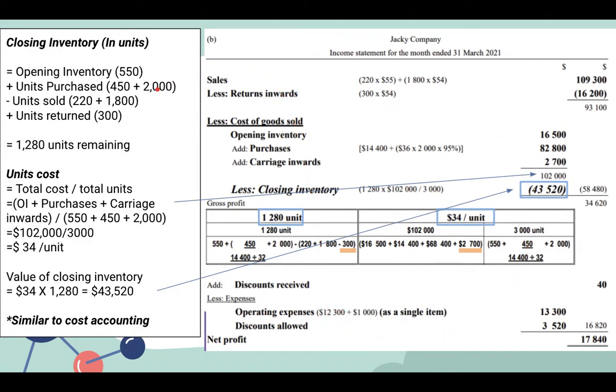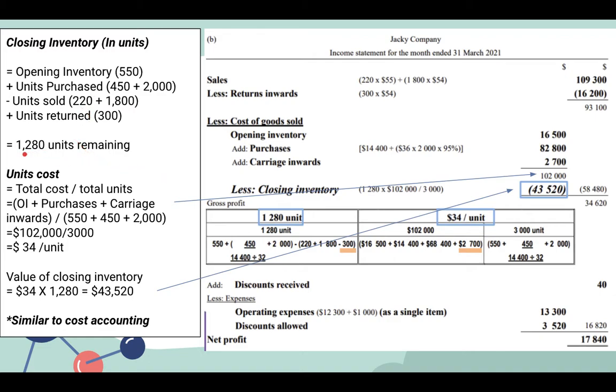So for closing inventory, there are a few steps you need to do, just like cost accounting. When we do the absorption costing format, then you will know how to do it. We usually do it differently when doing manufacturing accounting, but here we still do it in the way that we are doing. First, we should calculate how many units are left based on the purchases, sales and returned units.